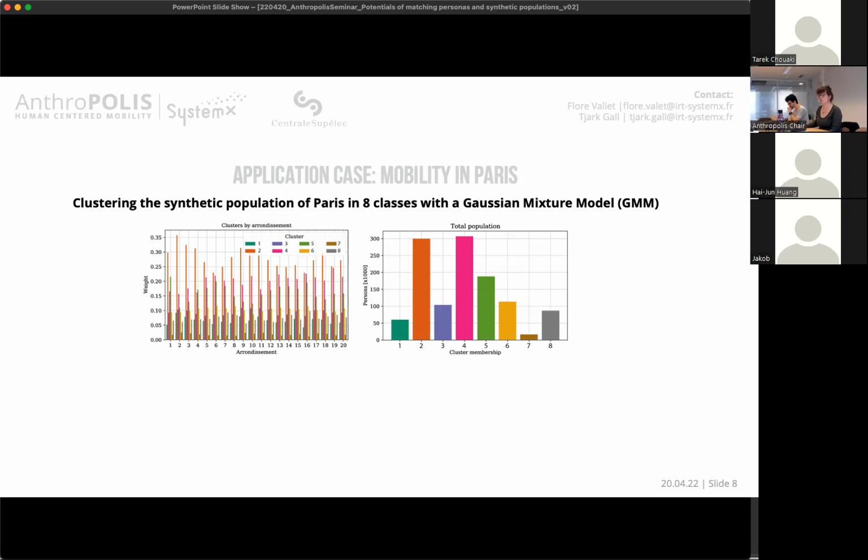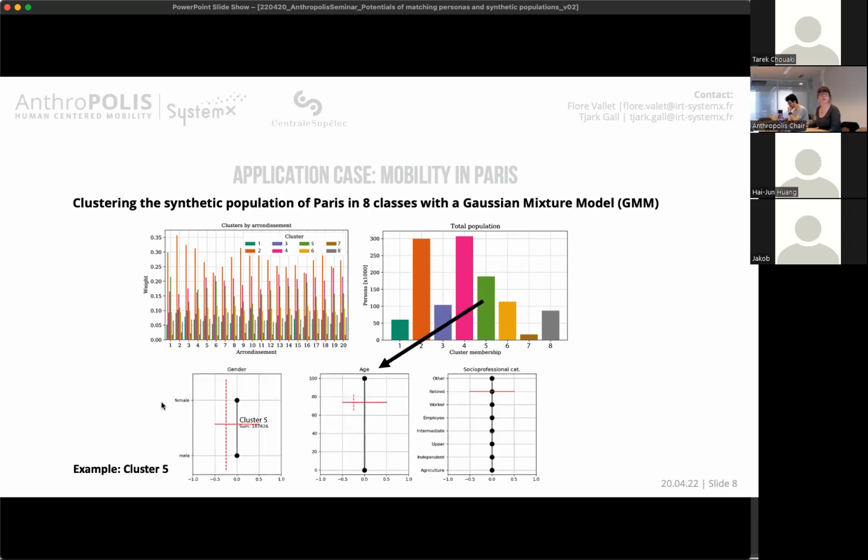So you've got the classes represented for the population. If we take the example of cluster 5, we've got half male, half female. The average age is around, I can't see quite clearly, 75. And quite logically, we are looking at retired people, right?